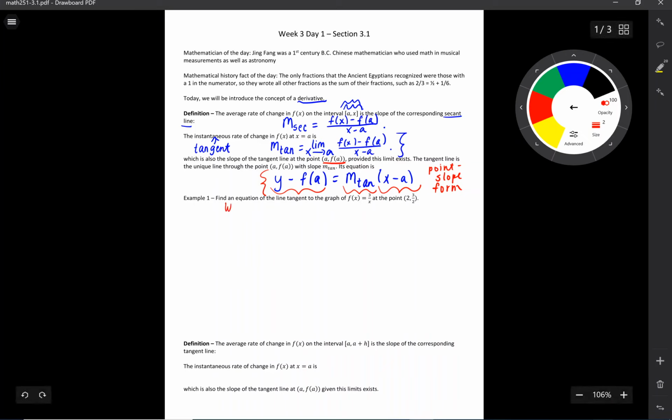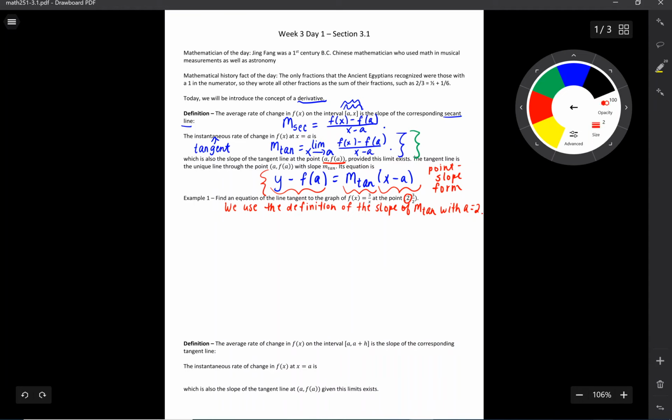So I'm going to use the definition of the slope of a tangent line that we just learned. I'll just call it m tan, with a equals 2, because our x value here is 2. So I'm going to use this right here.